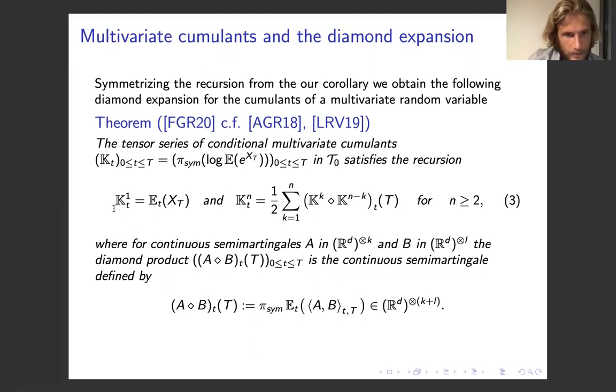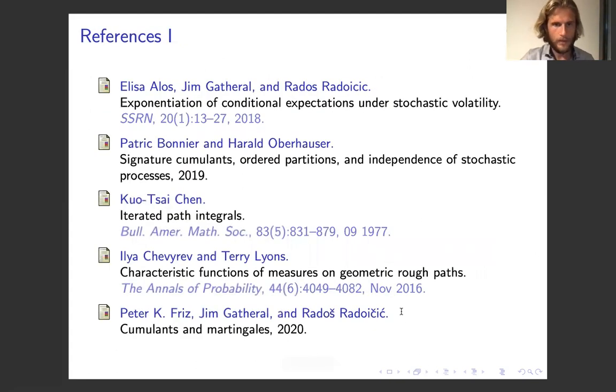These components are given by this convolution in terms of the levels of diamond products of the components themselves, where the diamond product of two semimartingales is defined as the conditional expectation of the quadratic variation increment. So this result is also contained as a boundary result in this signature cumulant expansion.